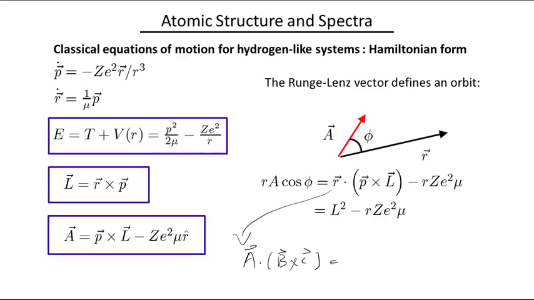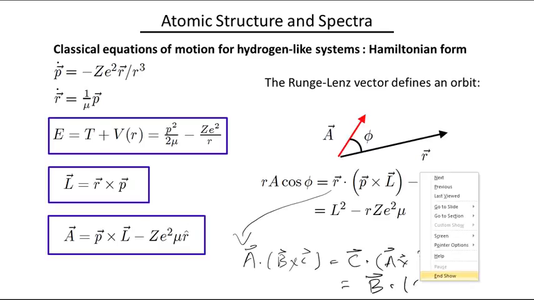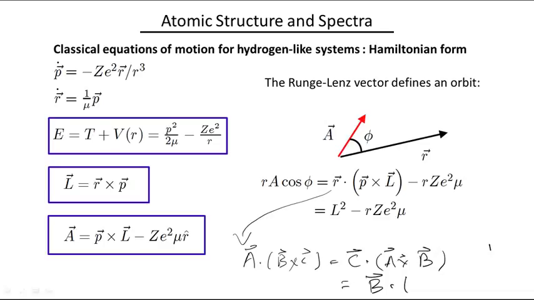That's equal to, let's say we move everything around cyclically, C dot A cross B. It's equal to B dot C cross A, and so on. And so, in other words, this term just reduces to the square of the angular momentum.